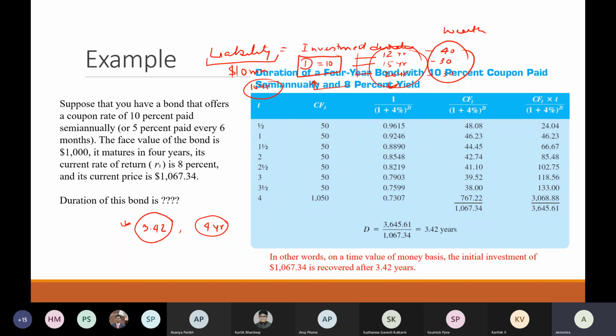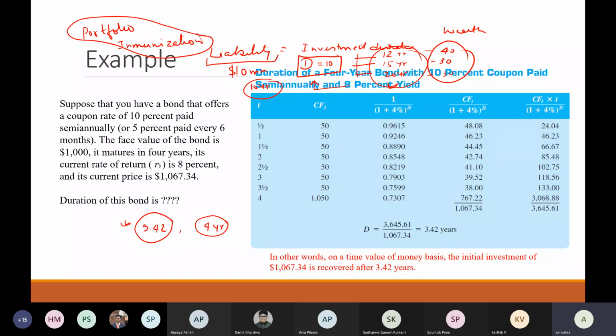So when you read your portfolio theory, there is a term we call portfolio immunization. Immunization comes from the word immune.